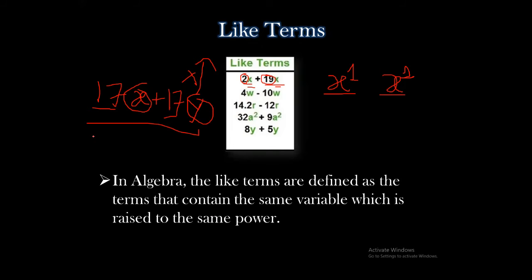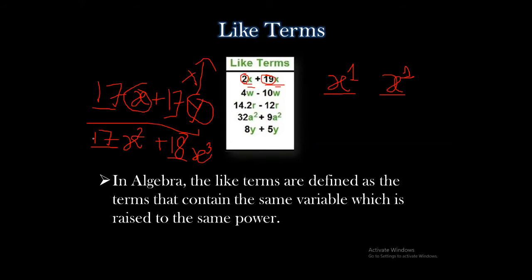So if we have another example like 17x to the power of 2 plus 18x to the power of 3, here the numerical coefficients are completely different.